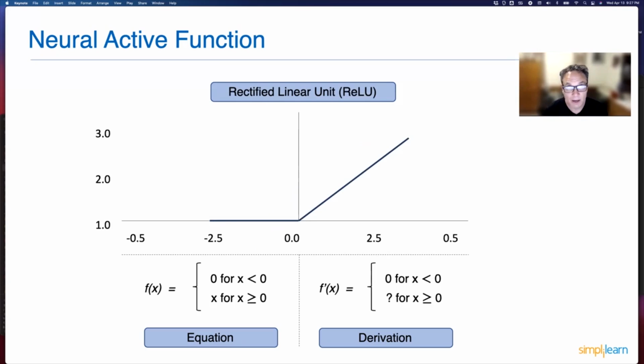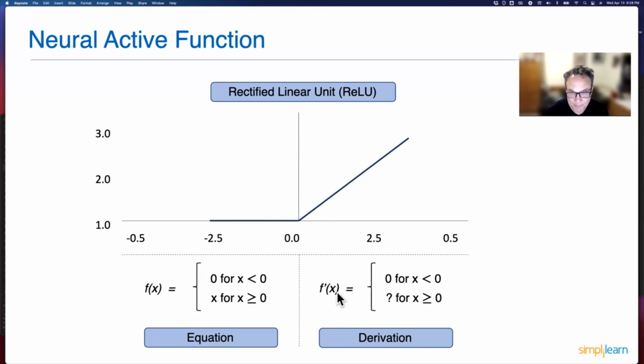Another very popular activation function, and remember the activation function is what we're passing our weighted sum through, is this ReLU, rectified linear unit, which means that if we have a negative input, then we get 0. Our neuron is not activated. If we have a positive input, then we just get whatever that is on the output. Y equals x. F of x equals x for x greater than or equal to 0, or 0 if it's less than 0.